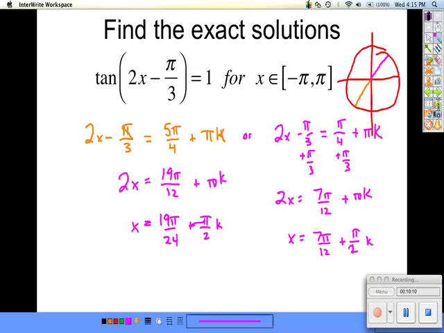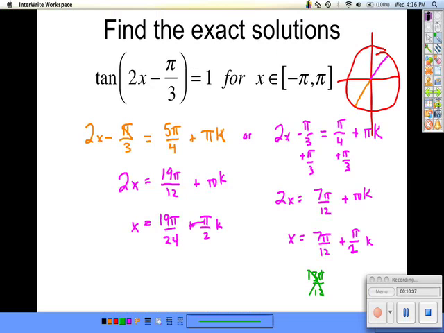If I add on 6 pi over 12, I get another solution, which would be 13 pi over 12. If I add on another, but that's bigger than pi, so that's not a solution.